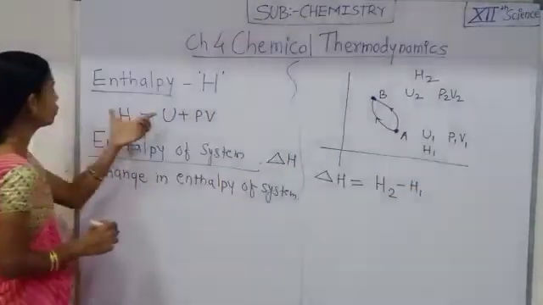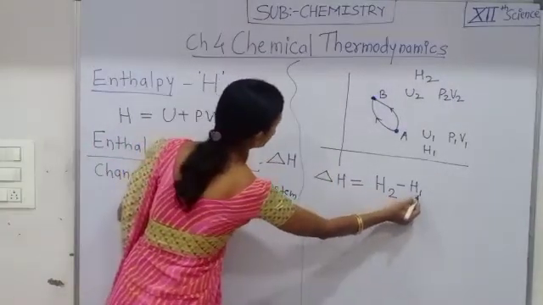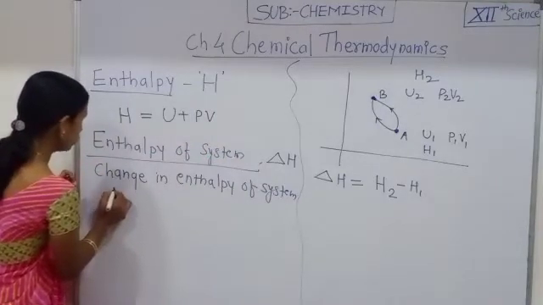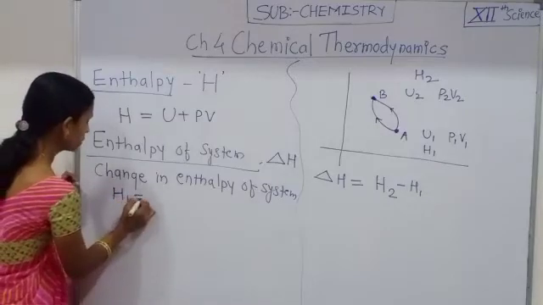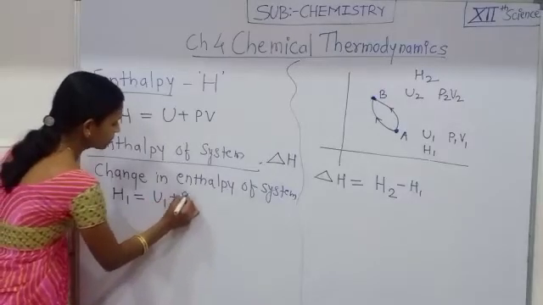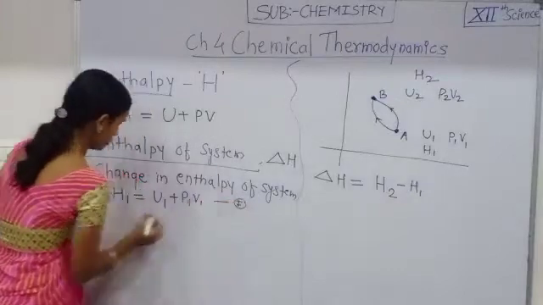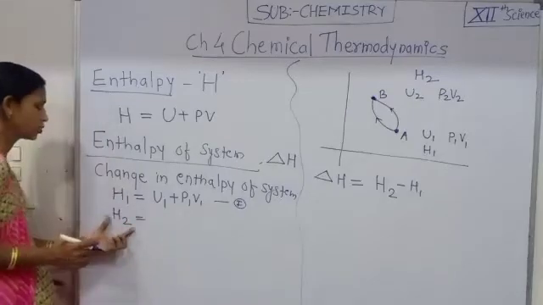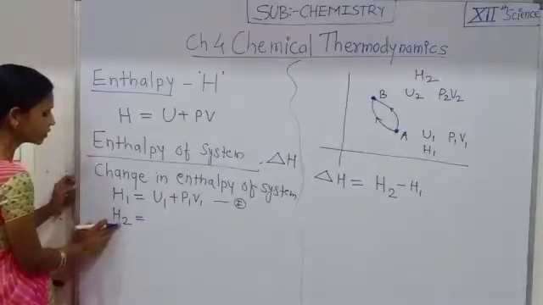But according to this formula we can calculate H2 and H1. When the system is at the initial state, H1 can be written as U1 plus P1 V1. H1 is the enthalpy of the system at the initial state, and H2 is the enthalpy of the system when it reaches the final state.